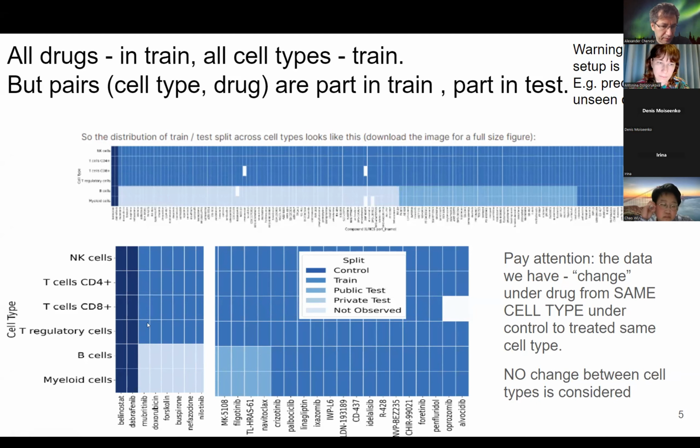So for this drug, we have this information for these cell types, and we need to predict for this cell type. The point of this competition is to be able to generalize to a different cell type. Does it make sense?